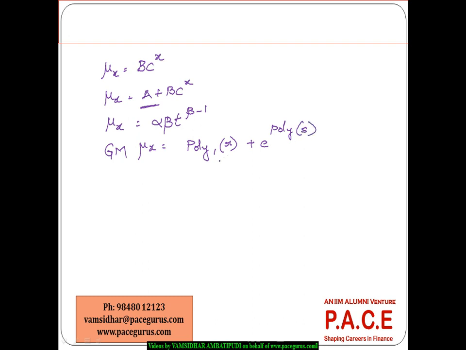So this is a general form of the Gompertz-Makeham family of distributions. These are all the different possible hazard rates I could use, right? Or probably I can go with any other particular formula also.